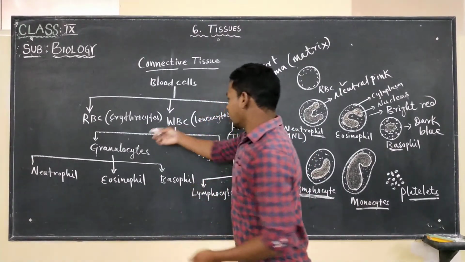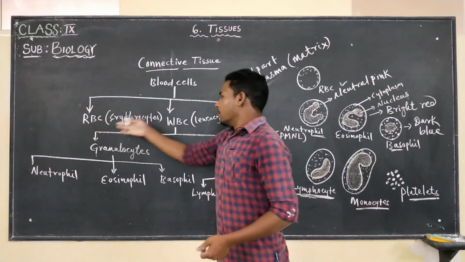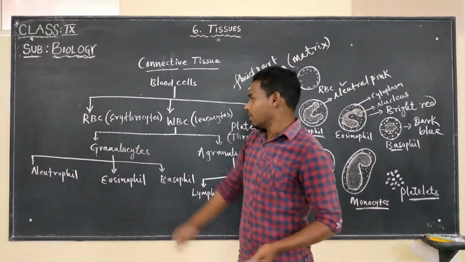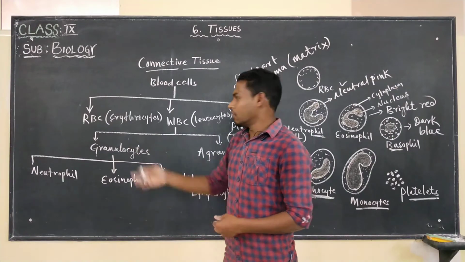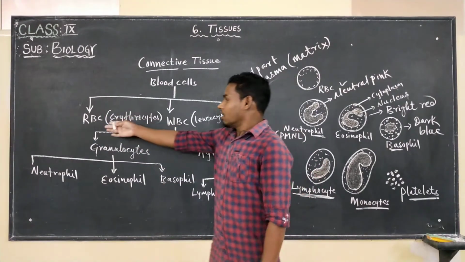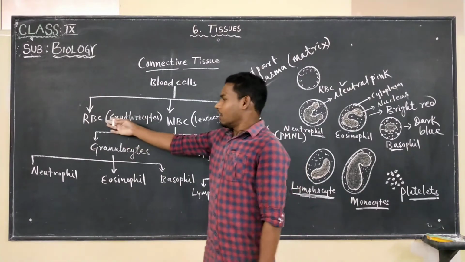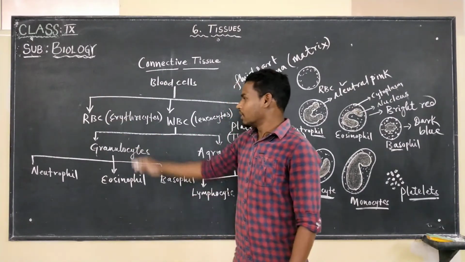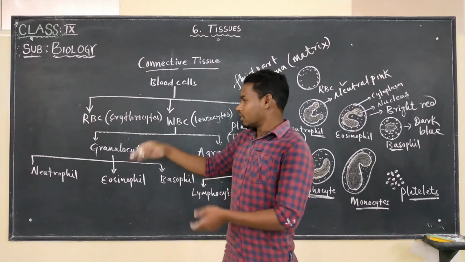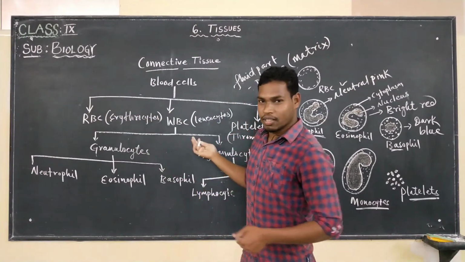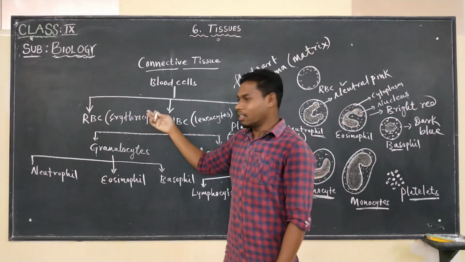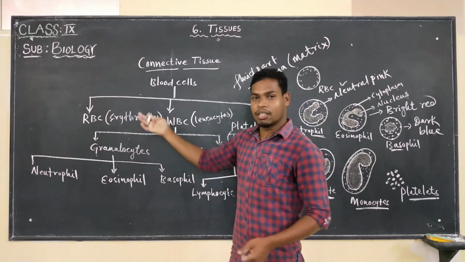So now their functions. Blood cells like RBC carry what? Oxygen and even digested food to different parts of our body. RBC carry oxygen from the lungs to all body cells, and from all body cells they bring back the carbon dioxide and transport it to the lungs.